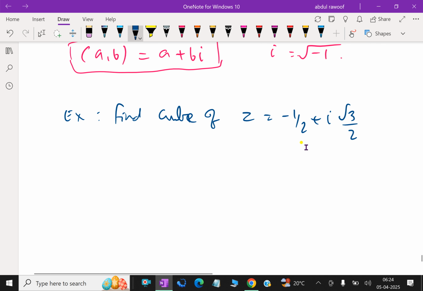Here we have to find the cube of this complex number, that is z cube.